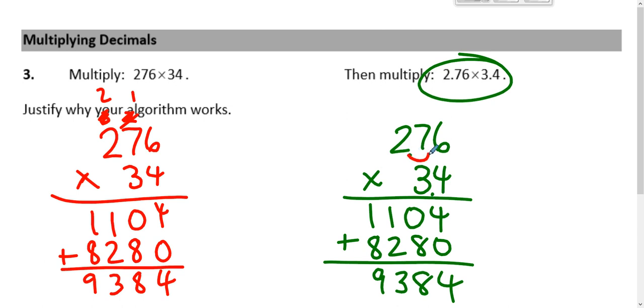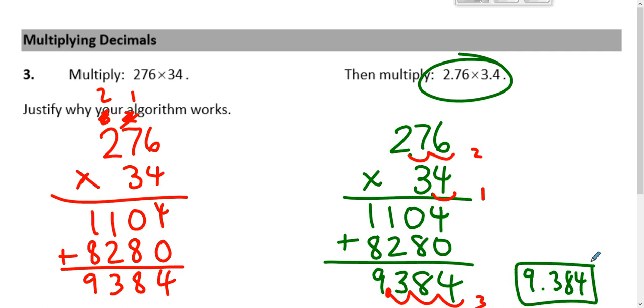You're taught to say there are 2 decimal places here and 1 decimal place here, so there have to be 3 decimal places in the answer, and so the answer is 9.384. Did you ever ask yourself why that works? Did you ever ask yourself why they get away with that? What sort of sorcery is involved in just moving decimal points around, and what is that?